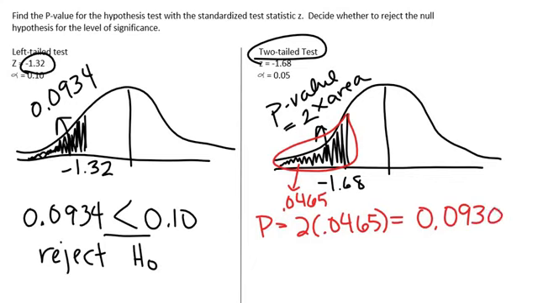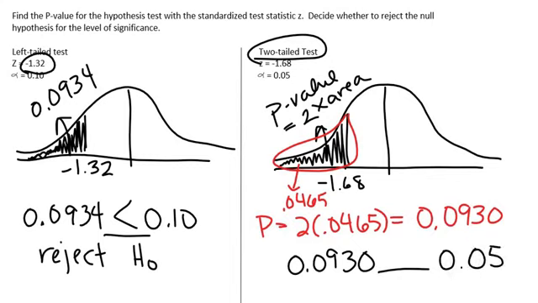Now let's compare our p-value versus our alpha value. You can see here that your p-value is greater, therefore you're going to fail to reject the null hypothesis.